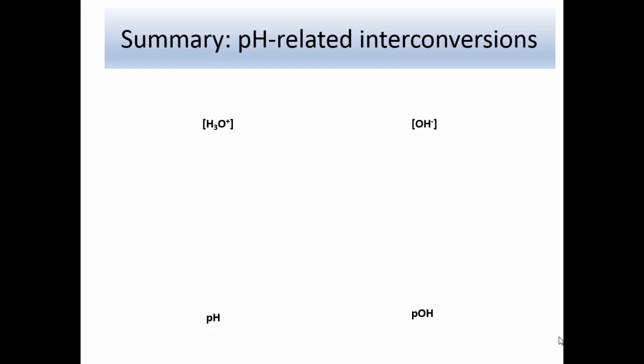So let's review what we've learned so far. If you know the hydrogen ion concentration or the hydronium ion concentration, you can calculate the hydroxide ion concentration. There's the formula you would use. And conversely, if you know the hydroxide ion concentration, you can calculate the hydronium ion concentration just by that equation.